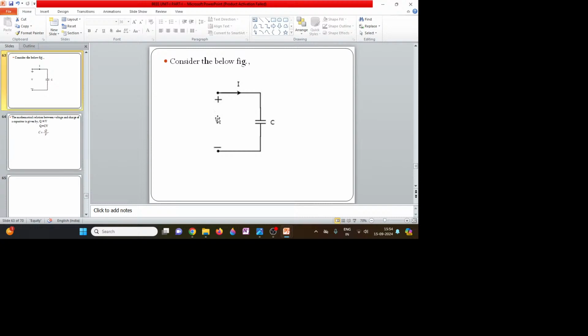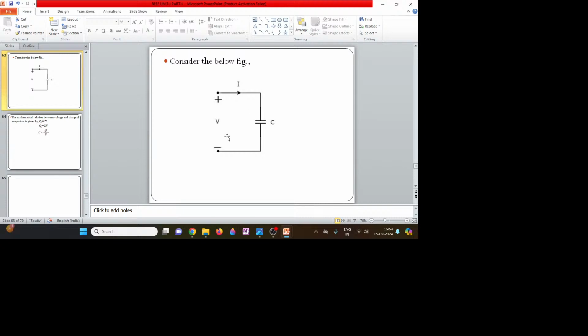We are giving a supply voltage of V volts, and because of the supply voltage, a current of I amperes is flowing into the capacitor. As I already told you, these are two plates on which charge is accumulated. The charge that is accumulated on the plates will be directly proportional to the voltage that is induced.